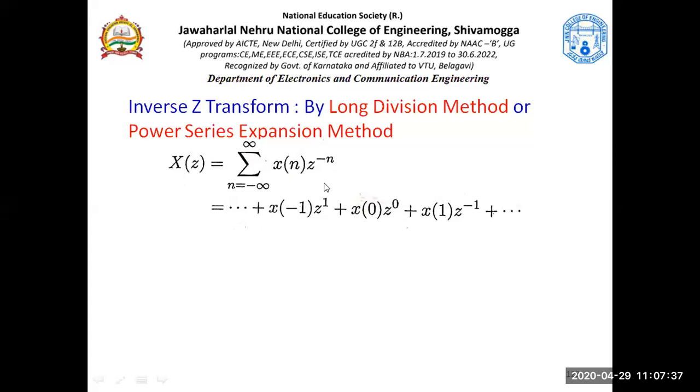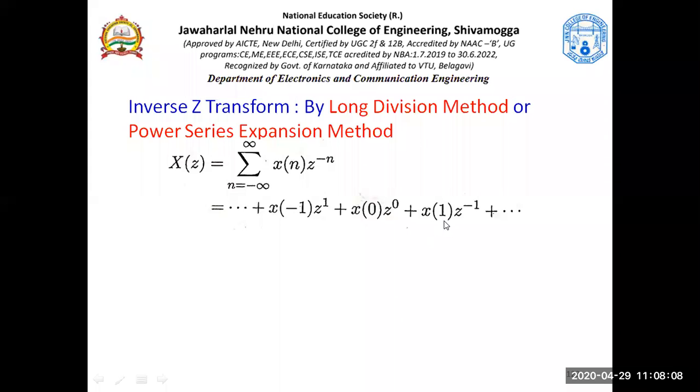Whereas if you come on to the left hand side, it is n equal to minus 1, n equal to minus 2, and all these negative n samples would be associated with positive powers of z. Understand? So when your sequence in time domain is a negative time sequence, then you should be trying to find the positive powers of z, so that you can find out the negative time sequence.